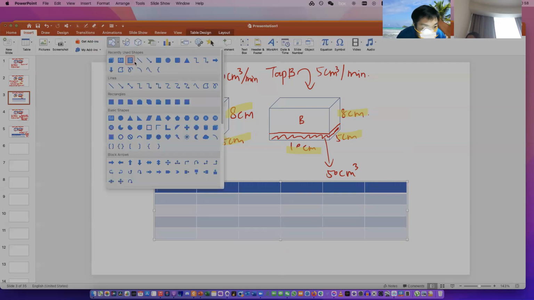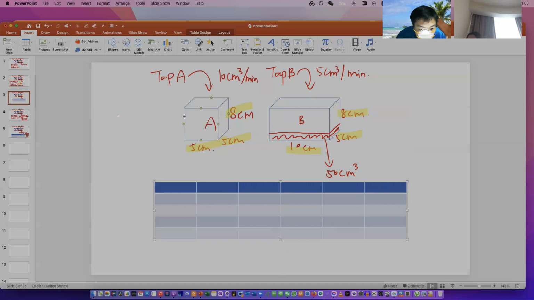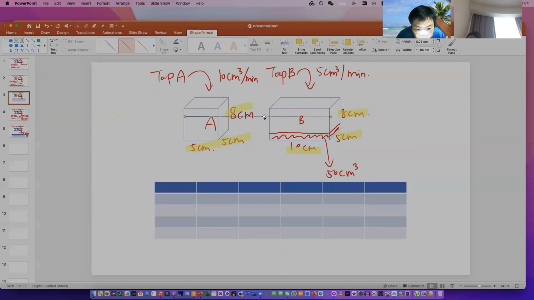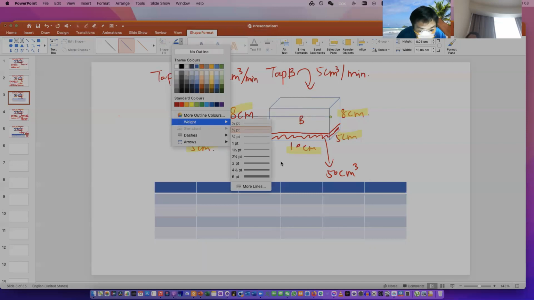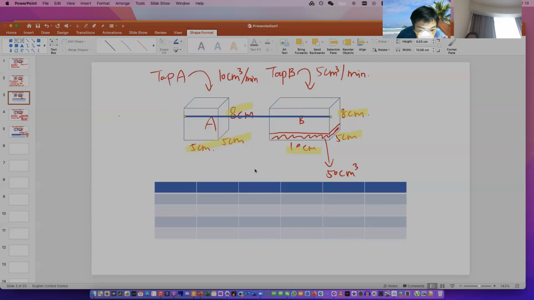So what you can think of is, probably they will reach the same height somewhere here. So you have to find out the height.